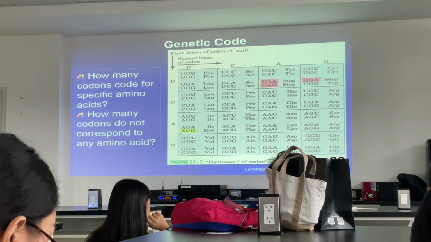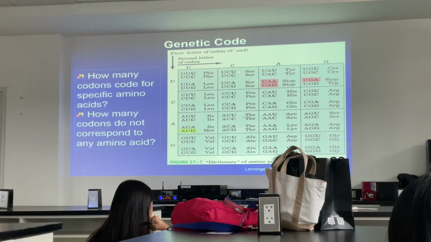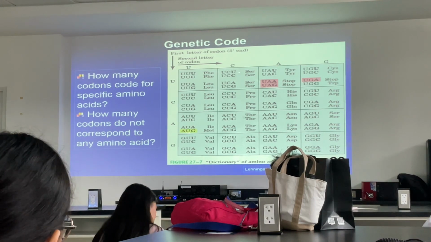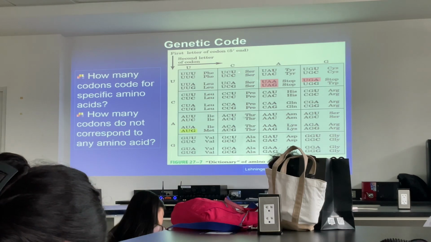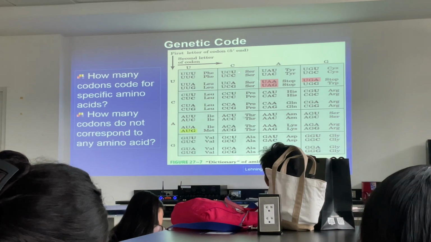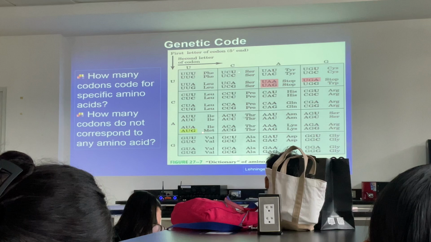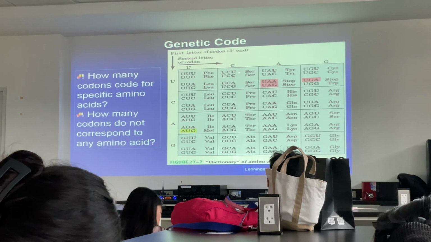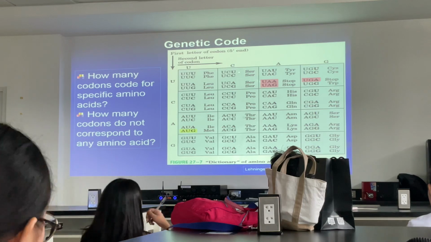Yes, AUG is the only initiation codon. When AUG is found as the start at the 5' end of the messenger RNA, it will signal initiation of synthesis of a polypeptide chain.